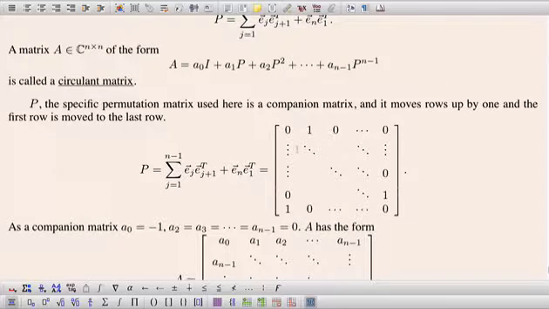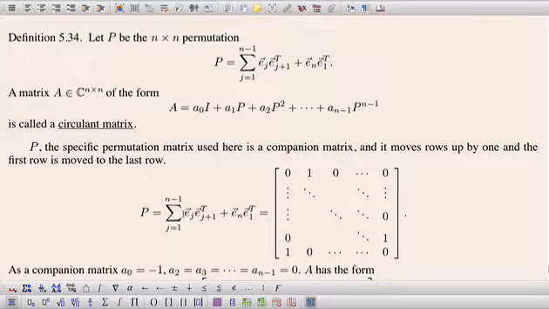It's actually a companion matrix, so if you write this down, what it means, you should go back and check what the definition of the permutation matrix with these e vectors is. It says that the j plus 1 row moves to the jth row, and then the first row is moved to the nth row.